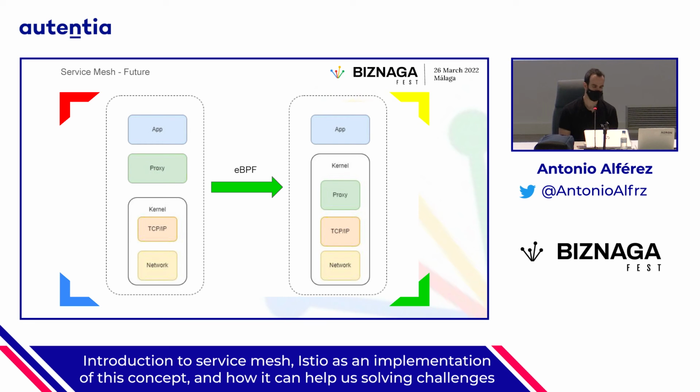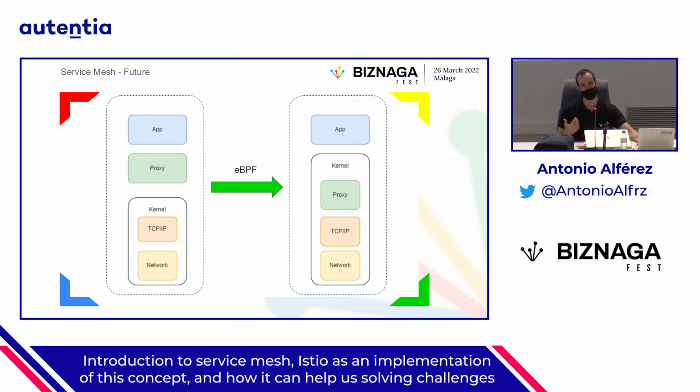One might think, Antonio, the kernel already does all of that. It already processes all the packets, right? Yes, and we are kind of duplicating the job here between the proxy and the kernel.